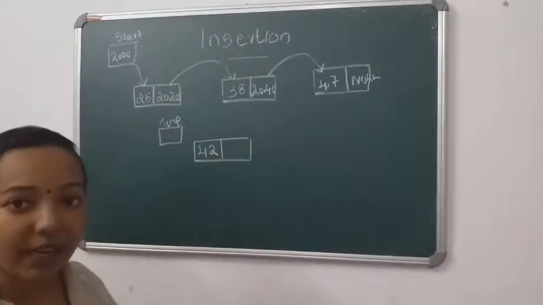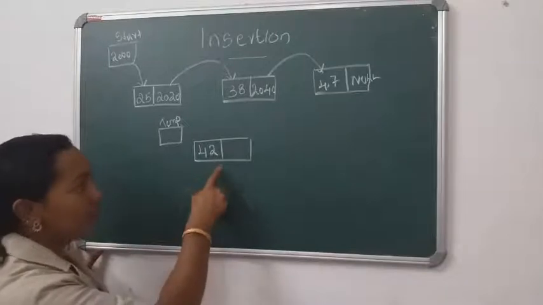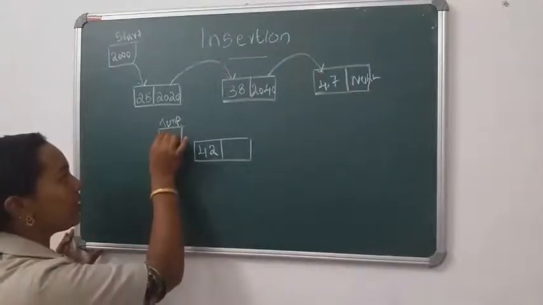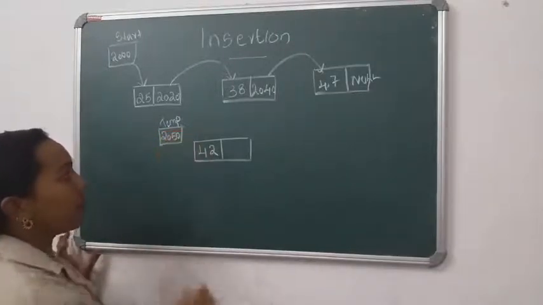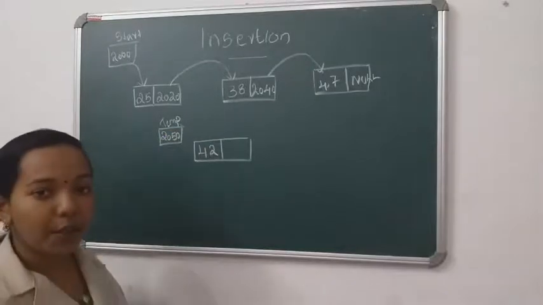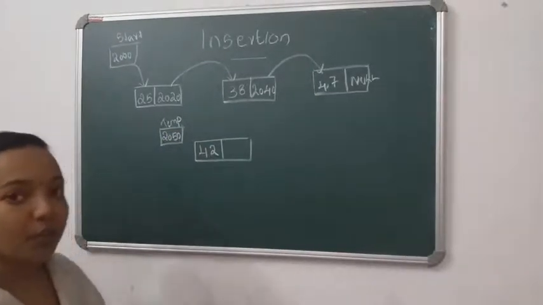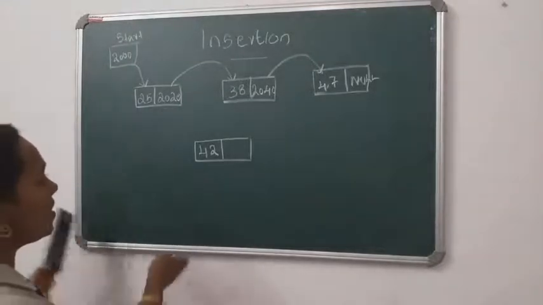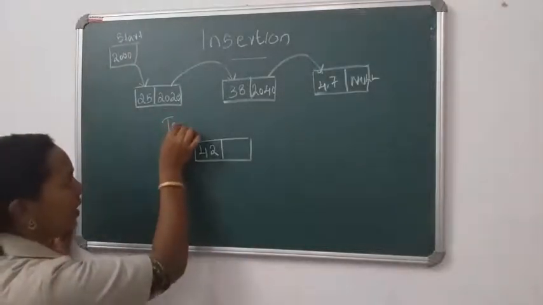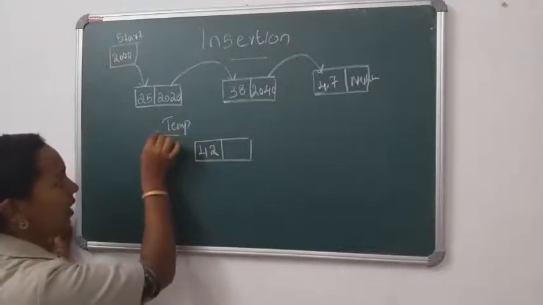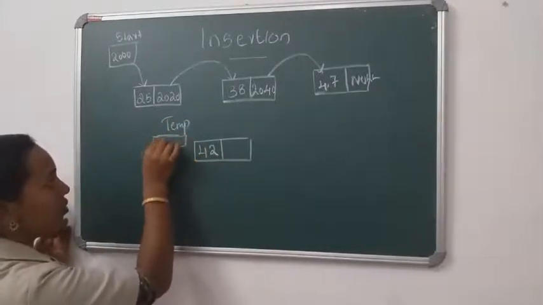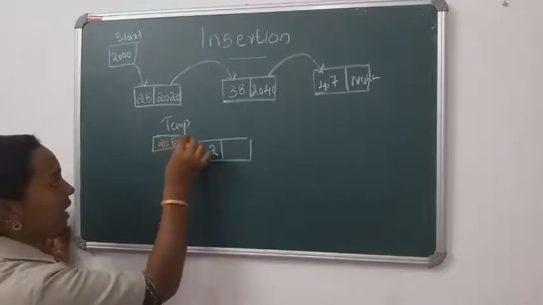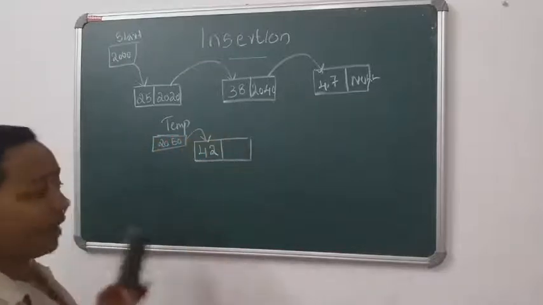Let us assume its memory address is 2050. So this is a variable called temp, and its memory address is 2050, and it is pointing to the node.